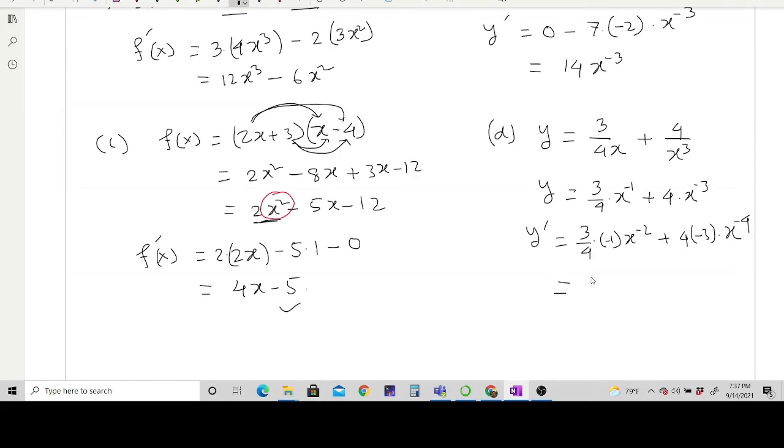Okay, now simplify this, which is negative 1 times negative 3, which is negative 3 x to the negative 2 over 4, minus negative times positive, which is negative, so 12 x to the negative 4. So we can further simplify this: minus 3 over x square minus 12 over x to the 4.